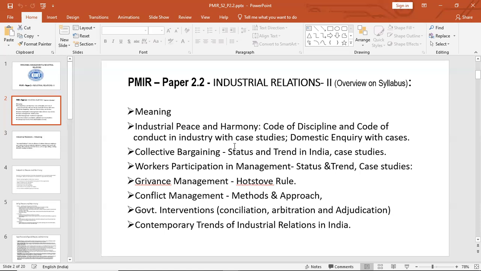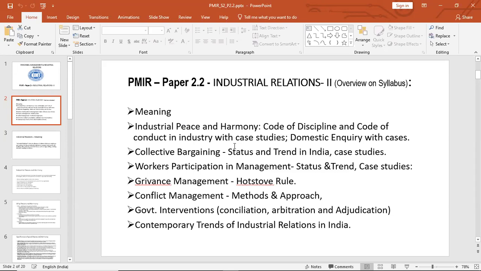Conflict management, how different conflicts and disputes are managed in the organization. We studied different methods and approaches of conflict management, how companies are managing different conflicts.